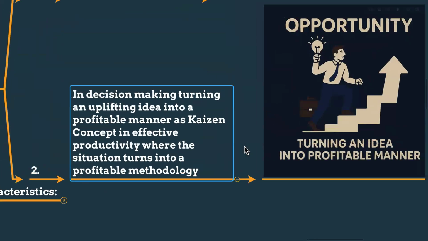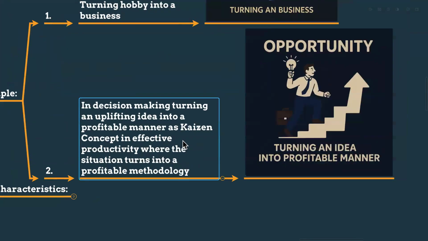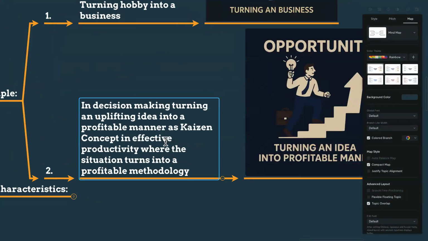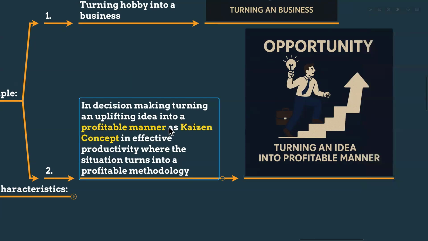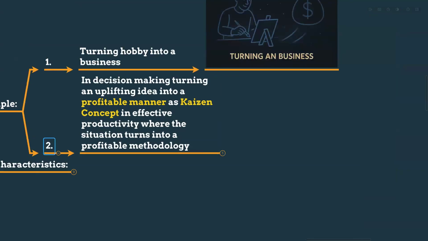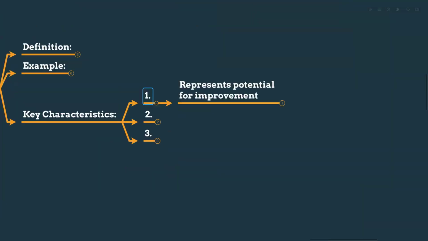In decision making, turning an uplifting idea into a profitable manner is the Kaizen concept in effective productivity, where the situation turns into a profitable methodology. Your idea is going to serve more people, and we will learn about the Kaizen concept. That's a Japanese concept. Okay.